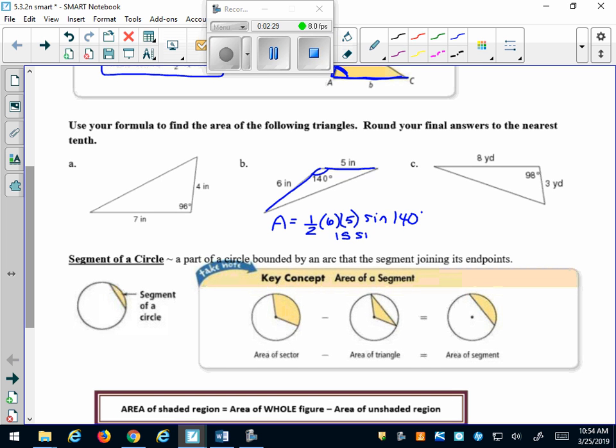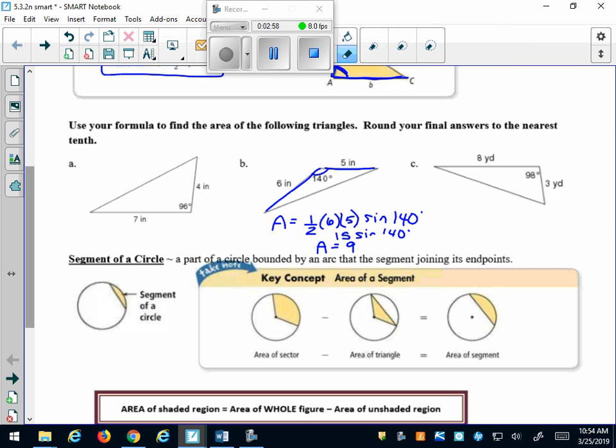In our calculator, we can just do 15 sine 140. And what do you get? Area equals 9.64 to the nearest tenth.